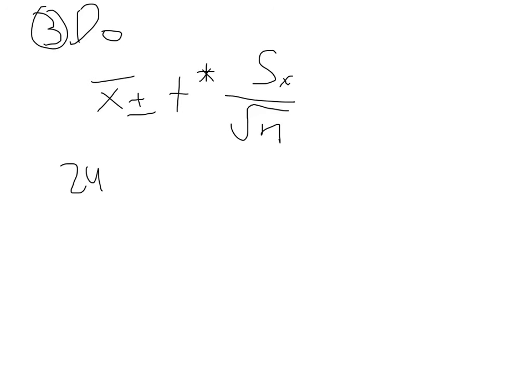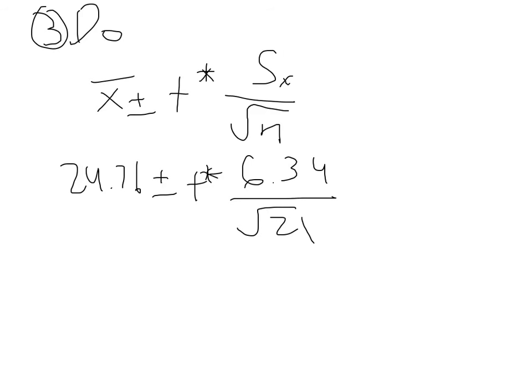The equation is x bar plus or minus t star times the sample standard deviation over the square root of the sample size. If we plug the numbers in, we have 24.76 plus or minus t star, and then we have 6.34 over the square root of 21.